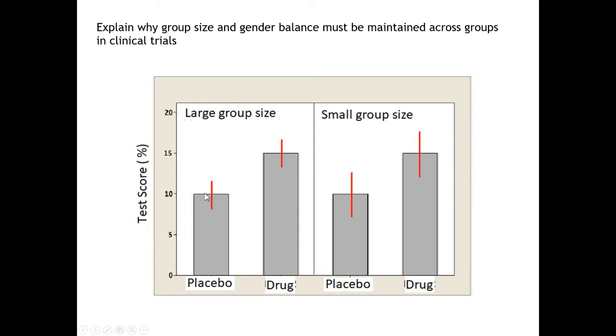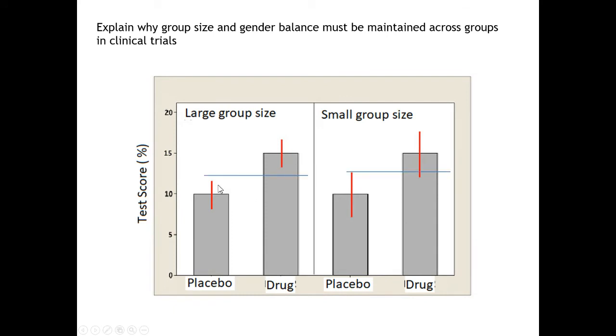Now, because of the range of the actual results people within this group got, and the range and group sizes, the actual result for the placebo group is somewhere within this red line. The average might be where the top of the bar is, but we're confident the result is somewhere within this red line. And similarly for the treatment group, we're confident the result is somewhere within this line.